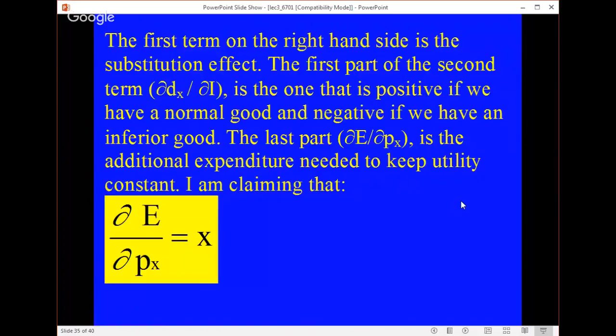So I have I is equal to pxx plus pyy. So the partial of I with respect to px is just x, right?